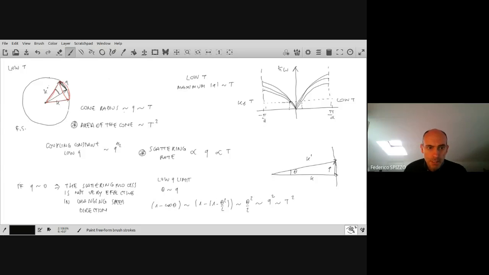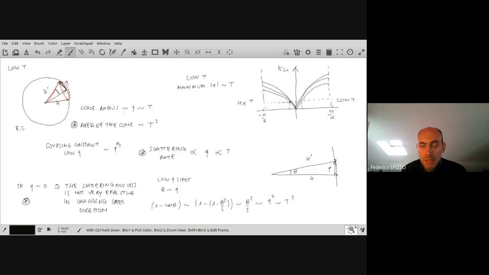So in summary, we need to consider three contributions regarding the dependence of the resistivity on the temperature in the low temperature limit. One is due to the geometry, so we have to consider the area of the cone, the number of possible final states that contribute to this process.